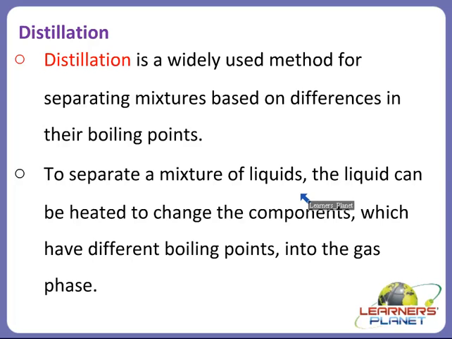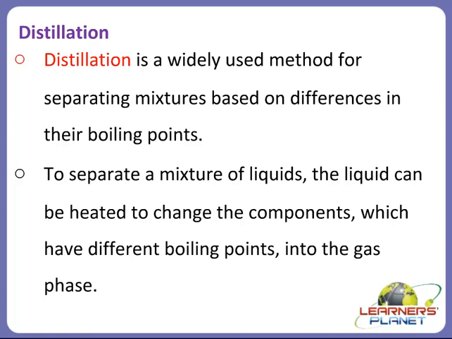So to separate this mixture of liquid, the liquid is first heated so that the components which have different boiling points change into the gaseous phase. I hope this is clear to you. So it is the process of separating mixtures based on the differences in their boiling points, the point where a liquid is converted into the gaseous form when heated.